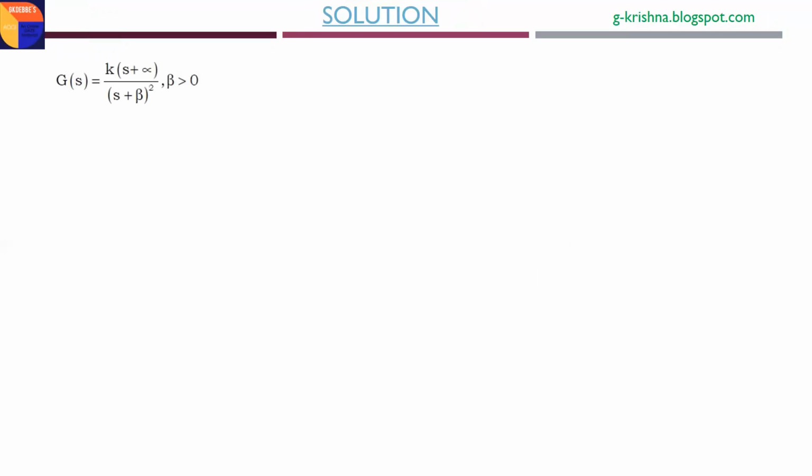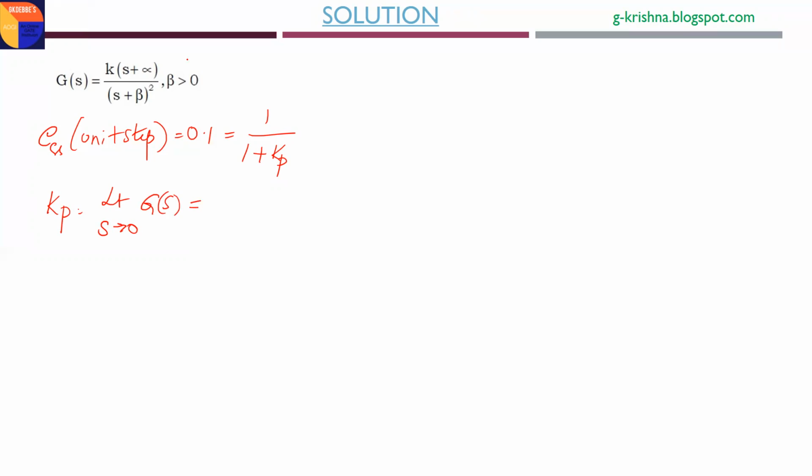The first data given is steady state error for unit step input to be 0.1. The formula is 1 by 1 plus Kp, where Kp is the limit of G(s) as s tends to 0. Substituting s equal to 0 in the open loop transfer function, we get the position error constant as K alpha by beta square.